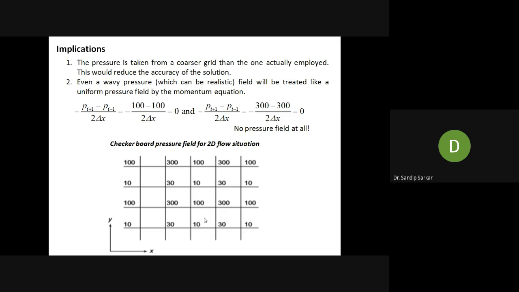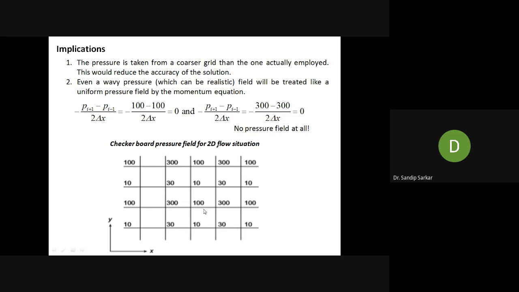That is, you are solving your Navier-Stokes or momentum equation where the pressure gradient is zero. That means you may obtain an infinite number of solutions for the same problem with this checkerboard pressure field, because your solution will not feel pressure at all. Del p del x is automatically zero, so your pressure gradient is automatically zero.